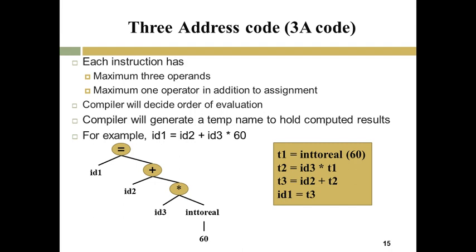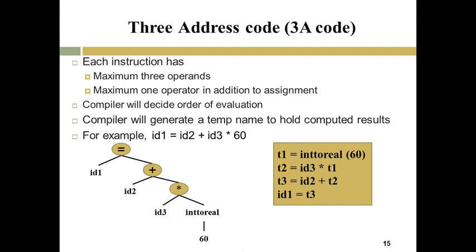First 60 is converted to real, then multiplication is applied, then addition is applied, and then the final value is assigned to ID1, that is the destination identifier.